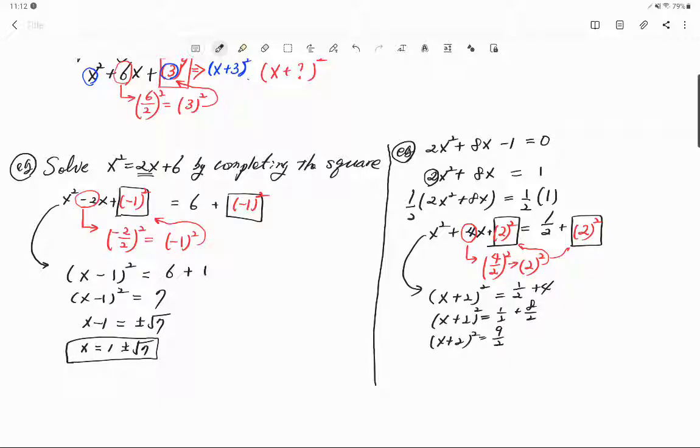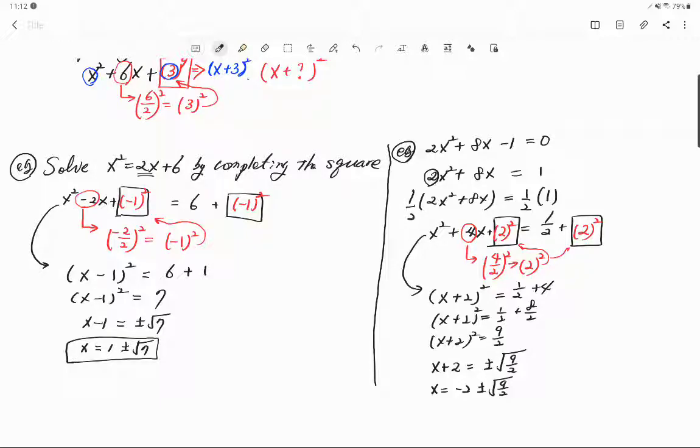All right, next, remove the power to the exponent, then the base equals plus or minus square root of 9/2. Then -2 each side, then x equals -2 plus or minus square root of 9/2.